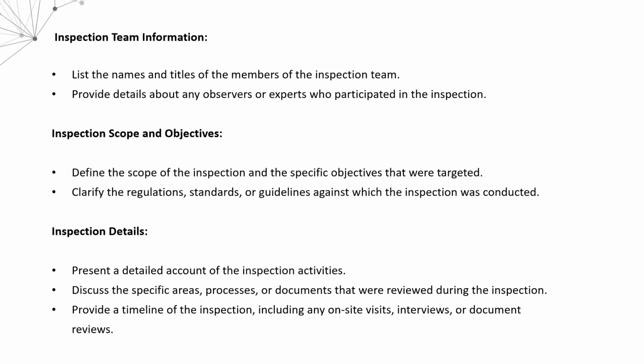Then inspection scope and objectives. In this section, the scope of inspection and specific objectives targeted during this inspection will be defined, and it clarifies the regulations, standards and guidelines under which the inspection was conducted.